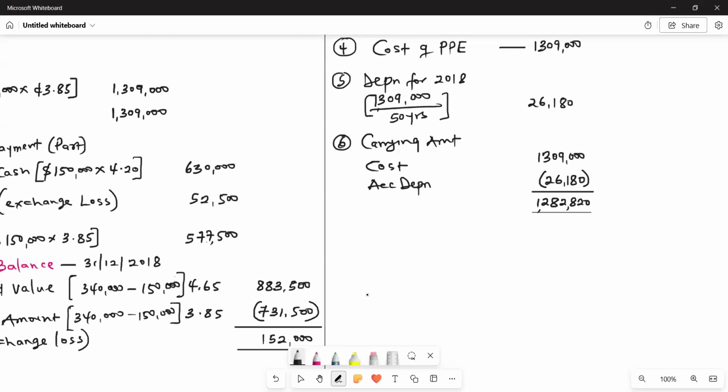Then we want to get the revaluation gains or losses. So set a question if it counts for 7 marks.